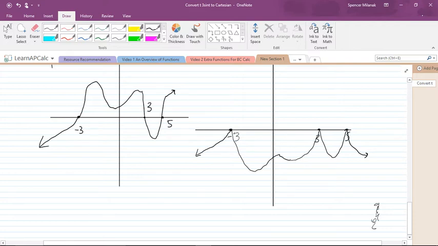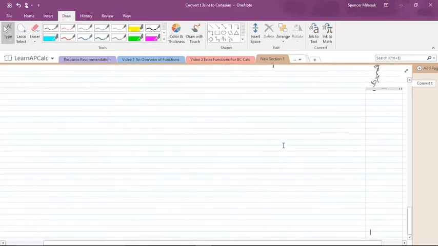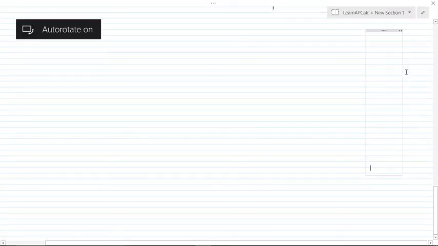So let's talk about rational functions. Last time I talked about end behavior. What I mean by a rational function, and I'll write this out, is we have a polynomial over a polynomial.